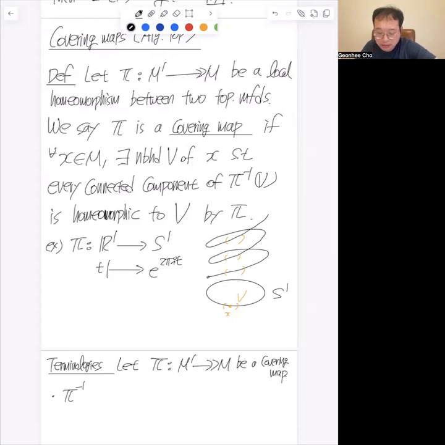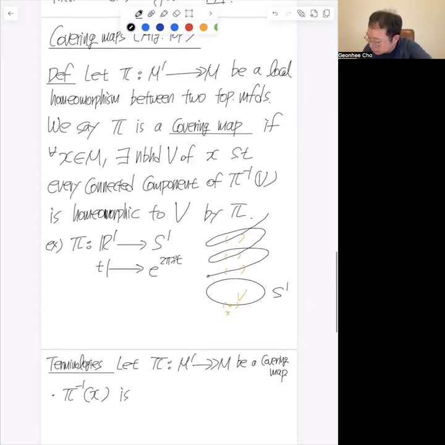If we consider the inverse image of just a single point, this is called the fiber at this point. In the previous example, the collection of all of them is called the fiber.